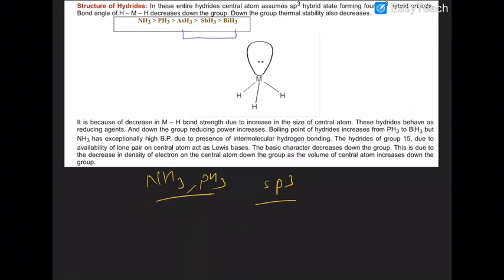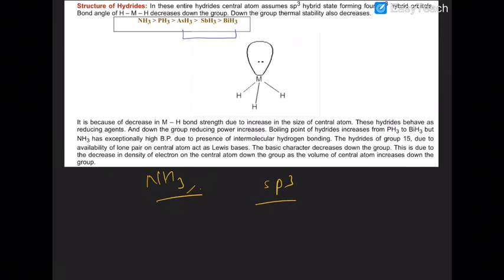And ammonia, being sp3 hybridized, has one lone pair. Its structure is pyramidal. So I am repeating once more that only ammonia is able to undergo hybridization.